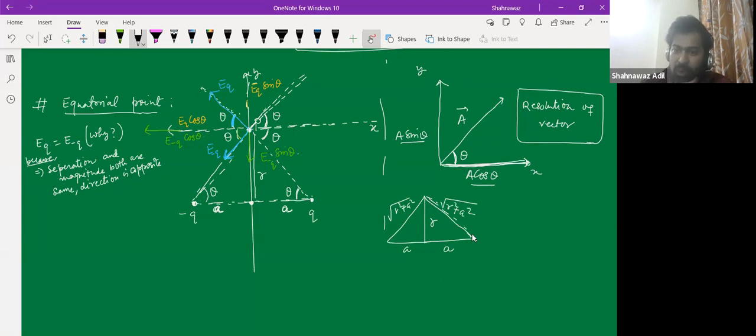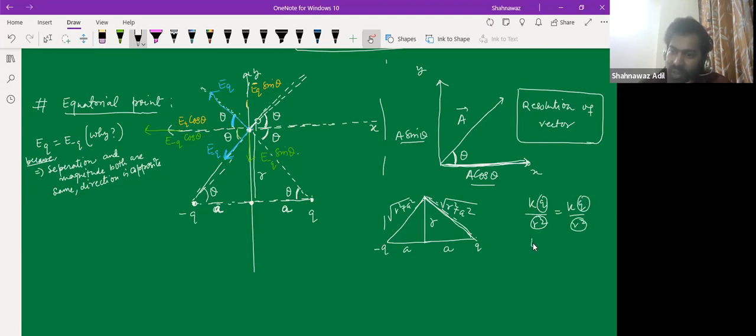So that is why the separation from this point to this point, and from this point to this point, is the same. The magnitude of charge is also the same. So if you have kq by r square, this is same, right? That is equal to kq by r square. This is also same.